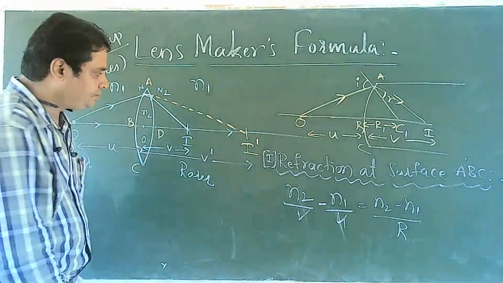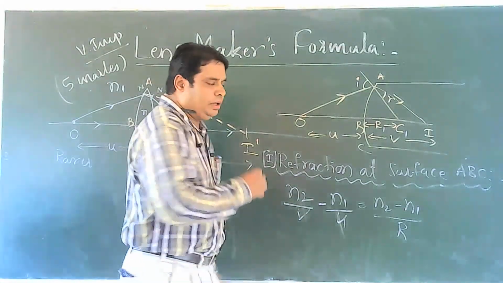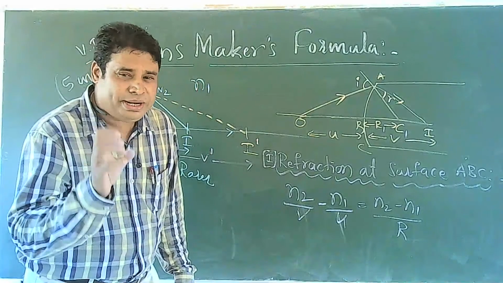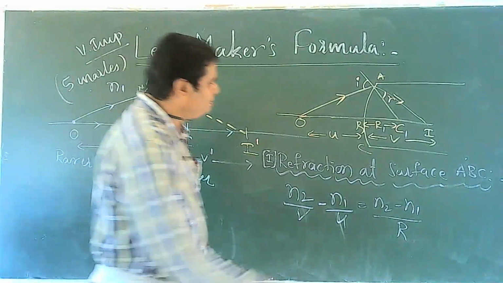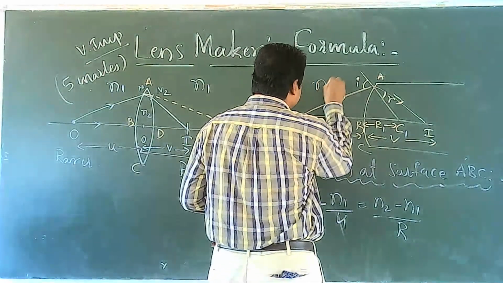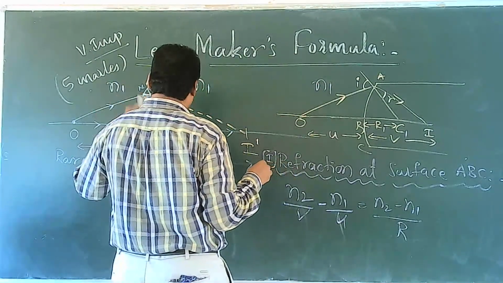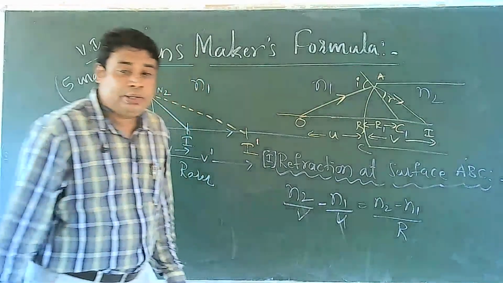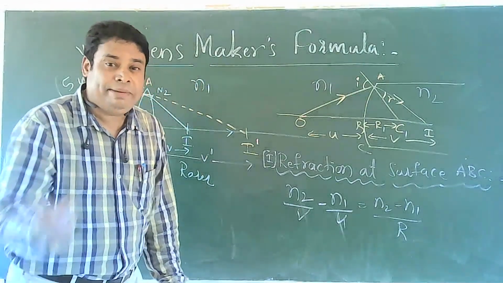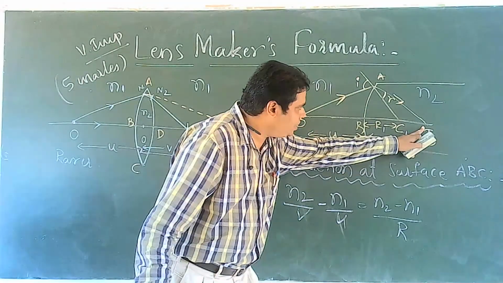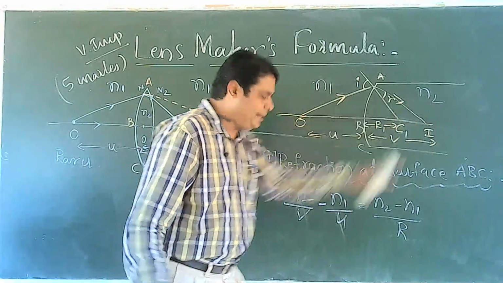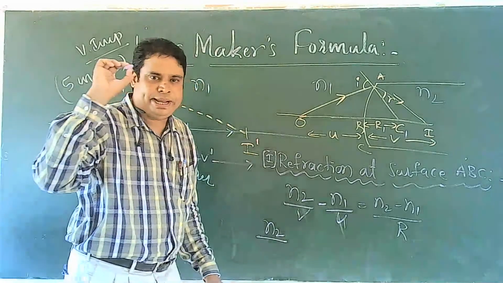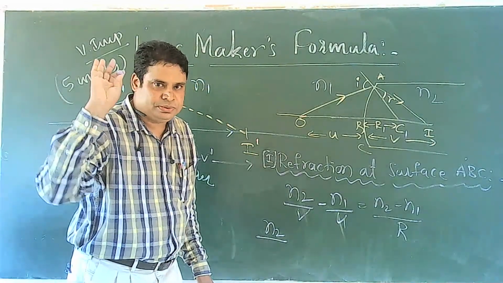How? Let us see. According to our formula, refractive index of image space. This is n1. Here we have considered inside the lens. This is n2. Refractive index of image space. Here is image. This is image space. Here refractive index is n2. No problem in that. I hope you understood.